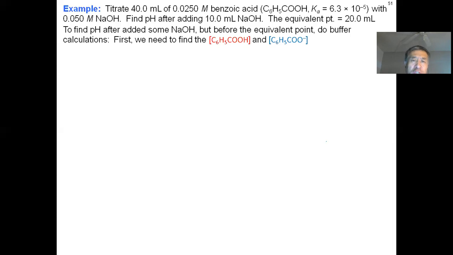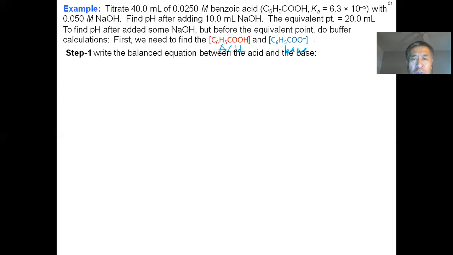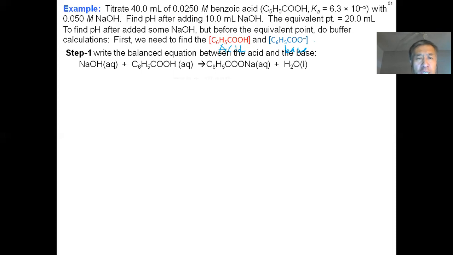So we first have to find out the concentration of the acid, written in red, and then this will be the base. So we need both pieces of information, either using the ICE table or the Henderson-Hasselbalch equation. To do that, we have to write the equation between the NaOH and this benzoic acid.